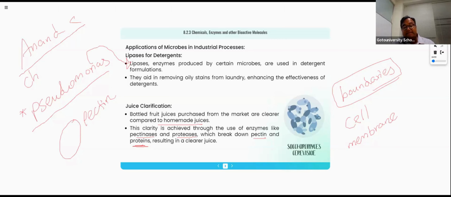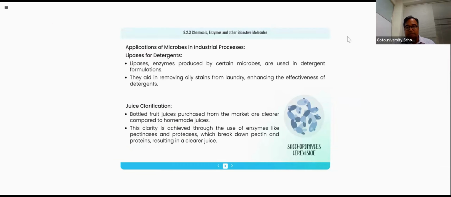Pectinase is an enzyme used only for breaking the plant cell wall. By using these two enzymes, we can make clear fruit juice, and that fruit juice will be served with proper preservatives after proper preservation at the right temperature and pH.